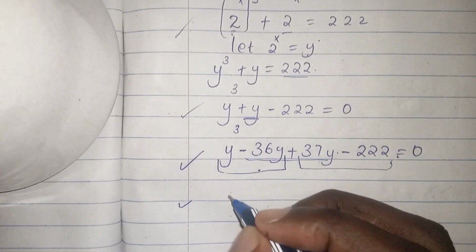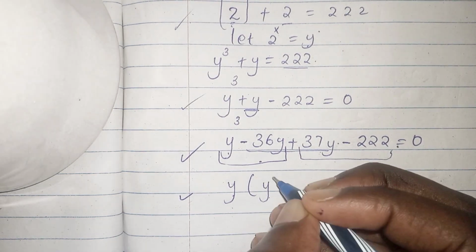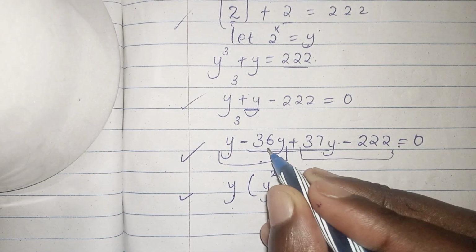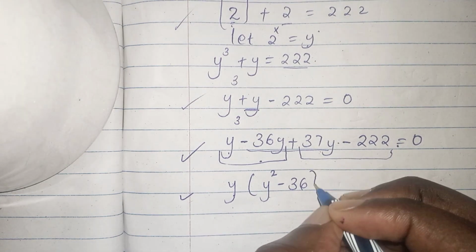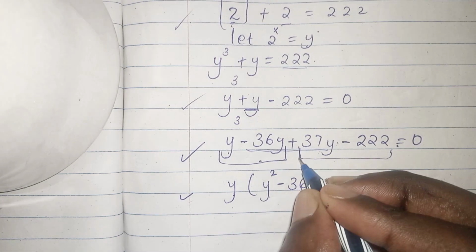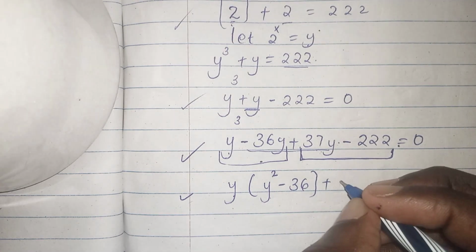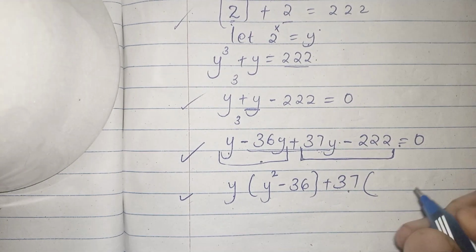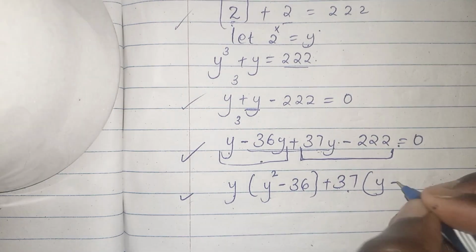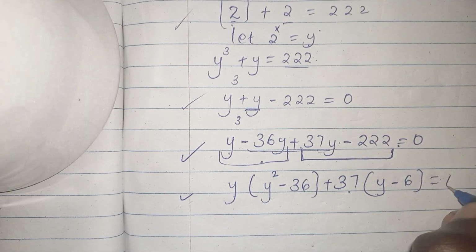So then this is y into, y cubed divided by y, we are left with y squared, minus 36y divided by y, we are left with 36, bracket, plus for our second term, we are going to factor out our common factor here, which is 37. So 37y divided by 37, we are left with y minus, this divided by this is 6, is equal to 0.